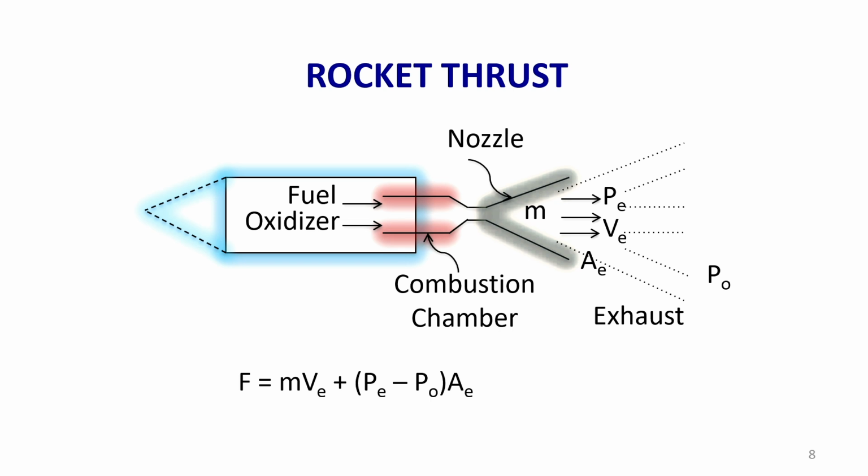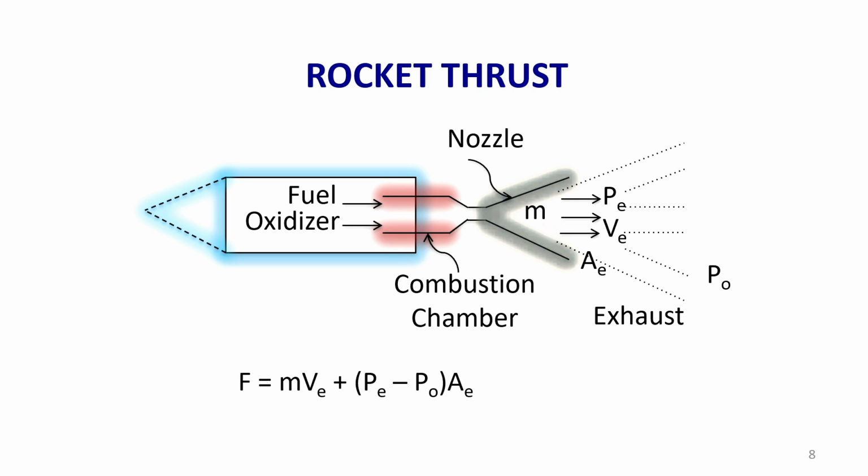Here I have shown the red color portion, that is the combustion gases, where the fuel is sprayed and mixed with the air and combustion takes place. The combustion gases are then expanded. Here I have shown the nozzle portion, where you can see the diverging portion of the nozzle in green color.